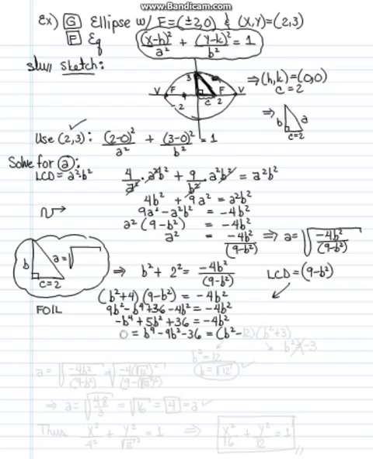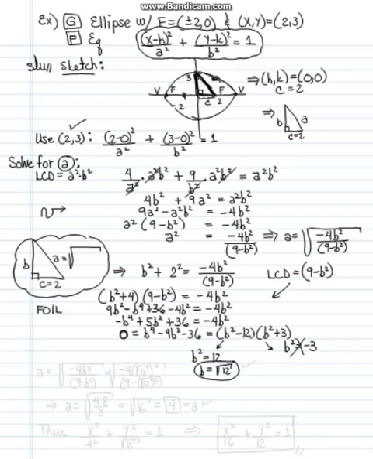You get (b squared minus 12) times (b squared plus 3) equals 0. So you set each of the factors equal to 0. This one gives you b squared equals negative 3. Well, you can throw that away because you can't square b and get a negative answer. But this one gives you b squared equals 12. So b is equal to the square root of 12.